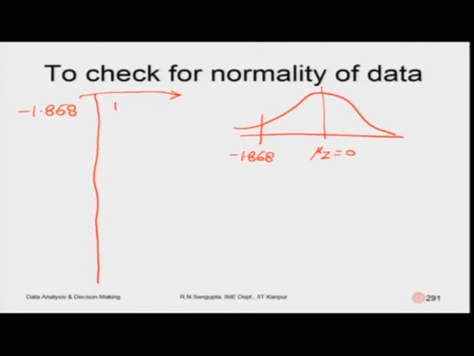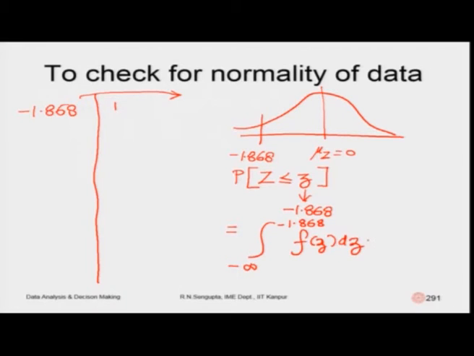So, the probability that z is less than small z would be equal to the integral from minus infinity to minus 1.868 of f of z dz.